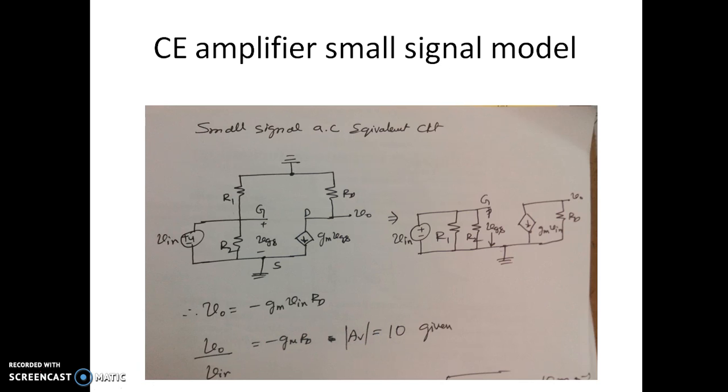Now here gm is also unknown. We know the value of this as 10, and this is gm. We don't know the value of RD; we don't know both the values. So let us use the equation of gm and try to get the expression.